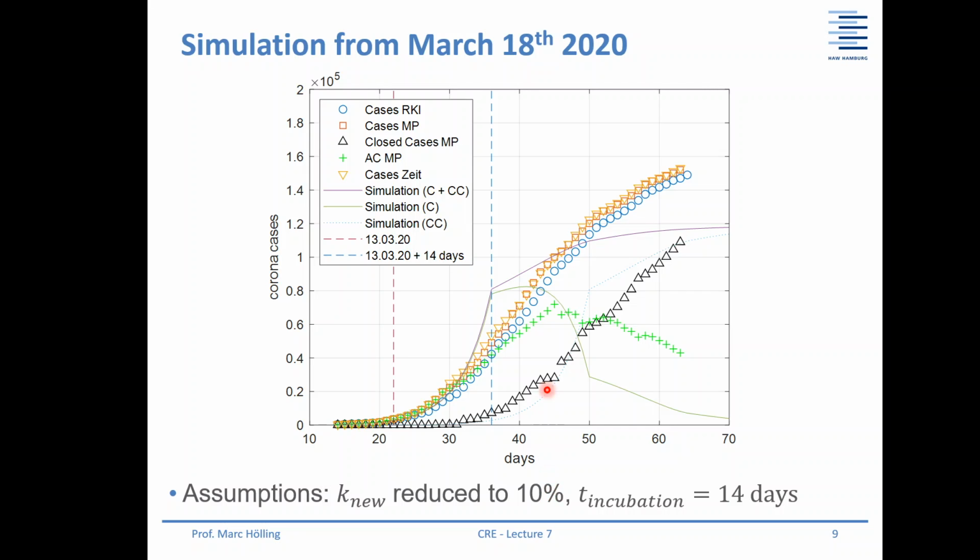So I assumed a really strong decrease in the reaction rate, and I assumed an incubation of 14 days. Here was the announcement of the lockdown, and here you should see the first effects, and you can see that the agreement is not that good. But as I said, it was just a guess that I said, okay, let's bring this down to 10%.